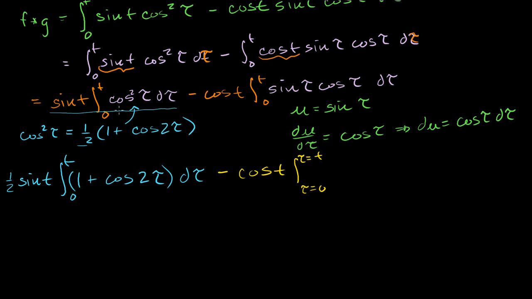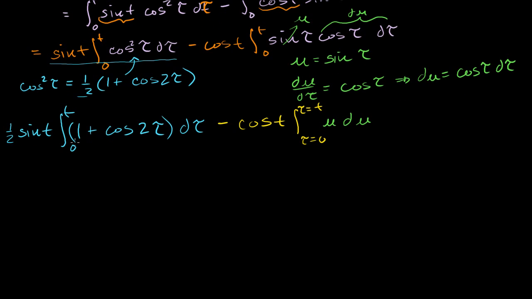If u is equal to sine of tau, then we showed that du is equal to cosine tau d tau. So this thing right here is equal to du. So it's u du.